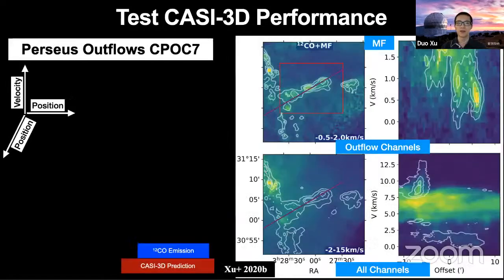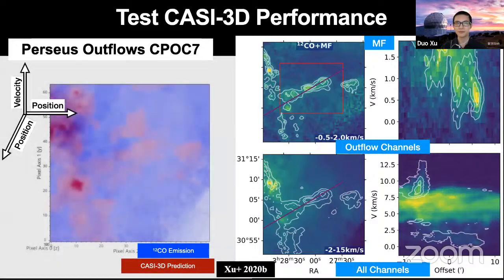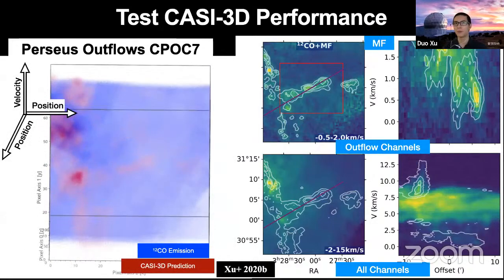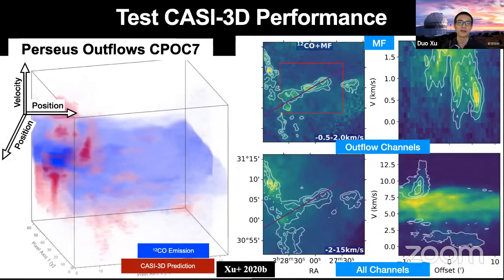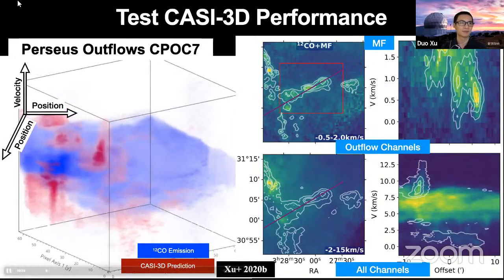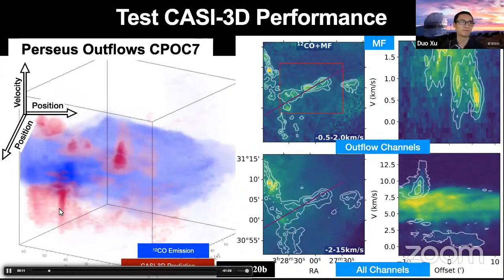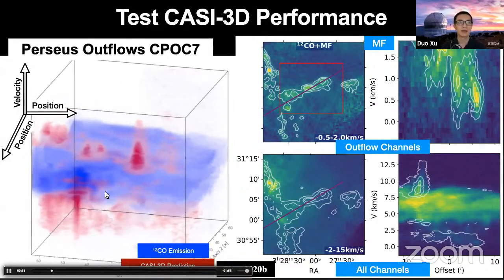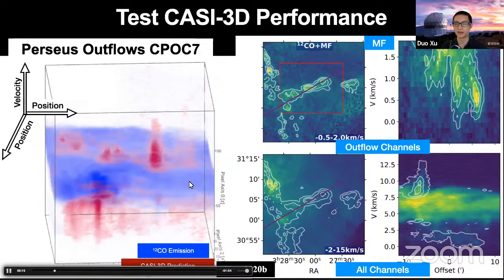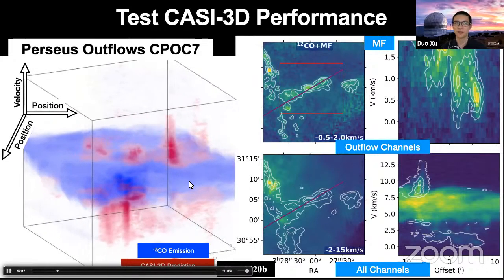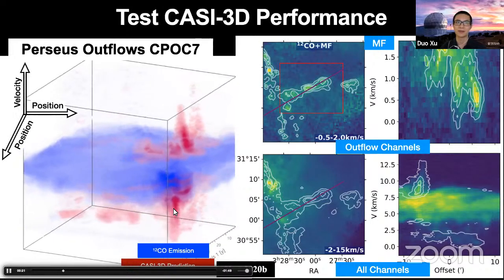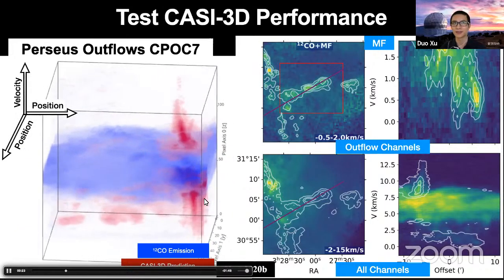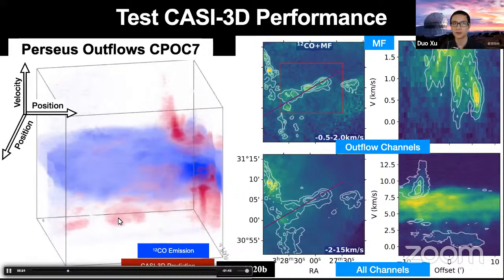To better visualize the performance of our model, here is a three-dimensional visualization of our prediction. The blue is 12CO emission of a piece of molecular cloud in Perseus, and the red is the prediction where there is outflow.